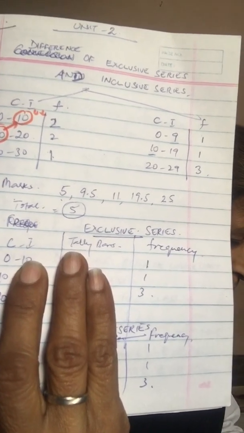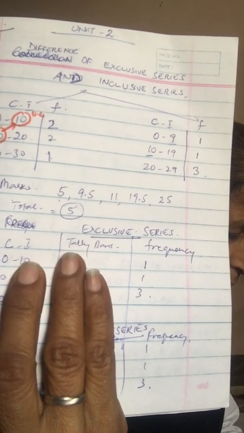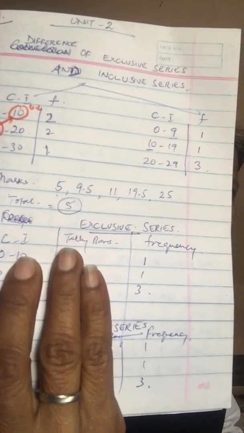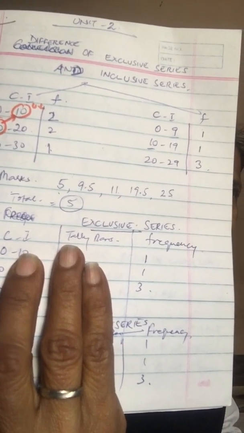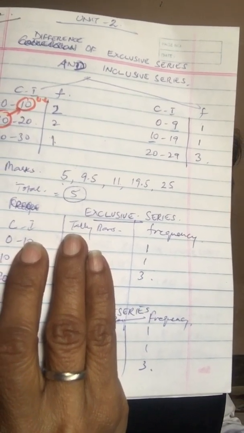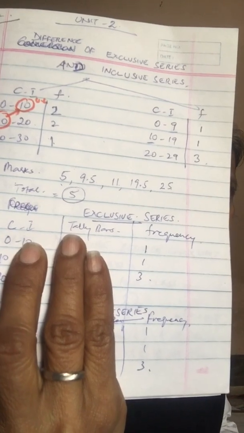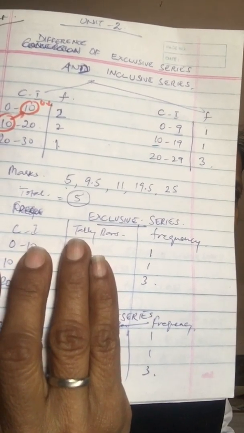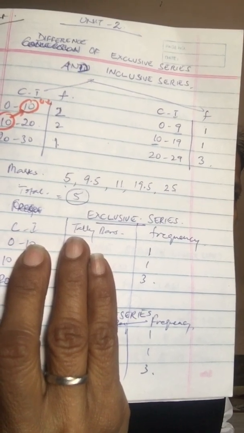Now, in the inclusive method, both the limits of the class interval are counted in the same class. So 0 to 9 means 0 to 9. Then it is 10 to 19, 10 to 19. Any person who's got up to 9 marks will be considered in 0 to 9, and the next will be 10 to 19.